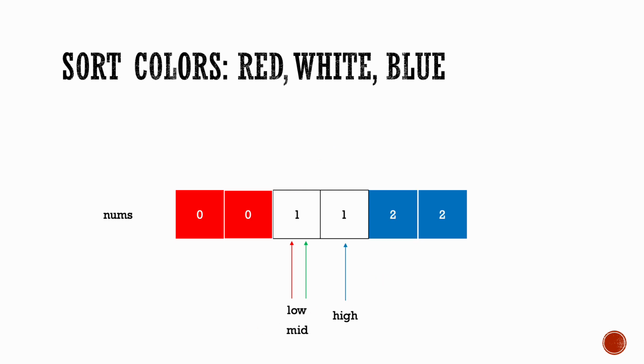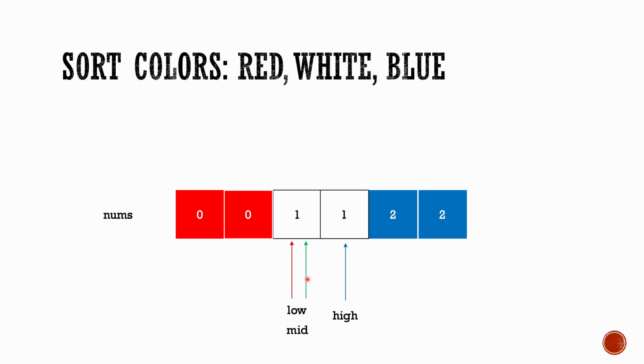When we do that, high is decremented, 2 has come here, and 2 is at the correct position. Now you can see that the elements beyond high are correctly placed, and the elements to the left of low are also correctly placed.